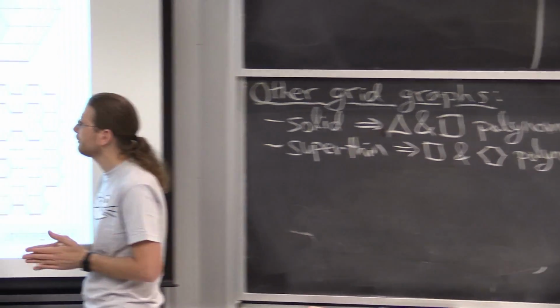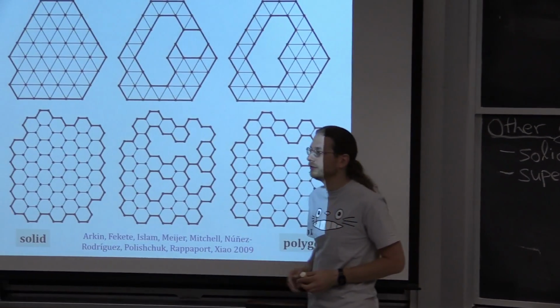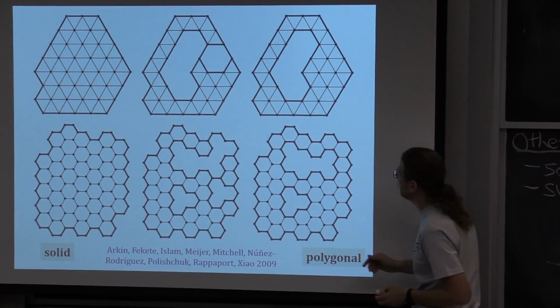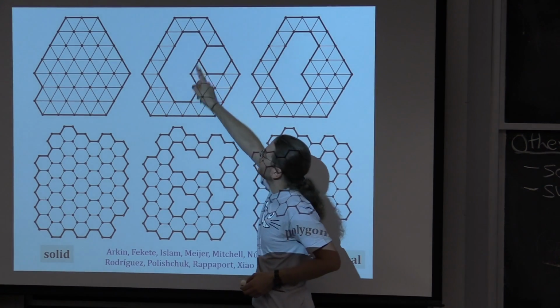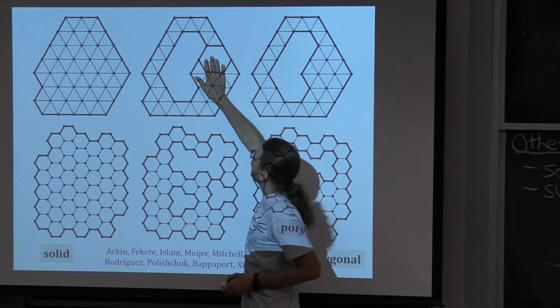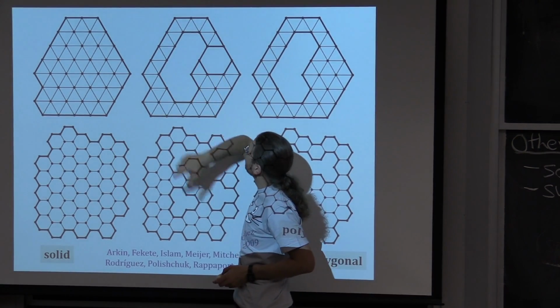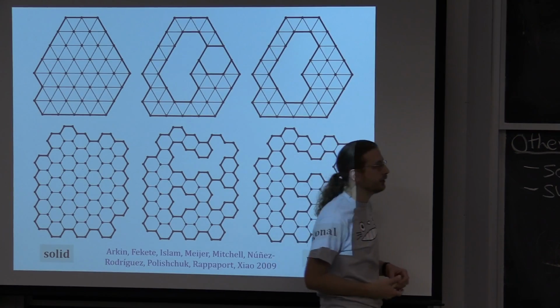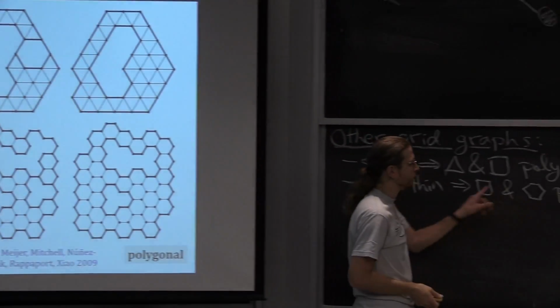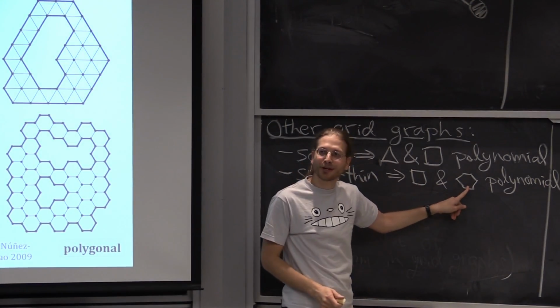Every face is either a hole or the outside face. Okay, I don't have an example here, but this kind of connection is what you would have in super thin graphs. So you've got a hole face here, a hole face there. You shouldn't have any of these pixels to be super thin. That case turns out to be polynomial for squares and hexes, open for triangles.